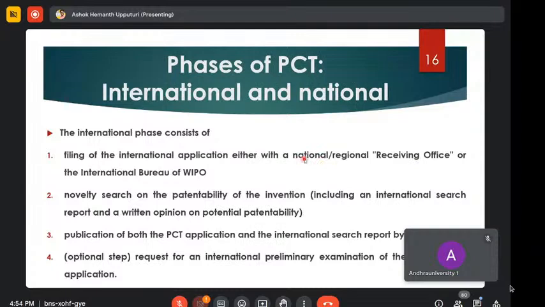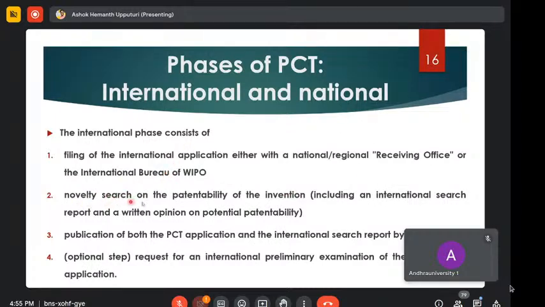For example, if it is India, that is a national office, you can file there, or you can file at WIPO, or if you are a member of some regional patent office, where many countries are covered, you can file there. Normally it is online only. So 3 places you can file your PCT application.